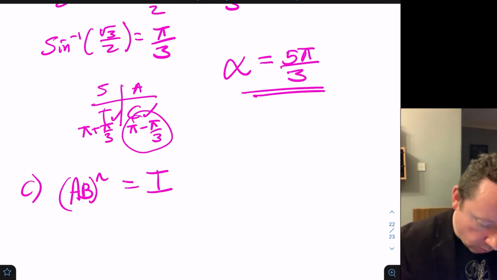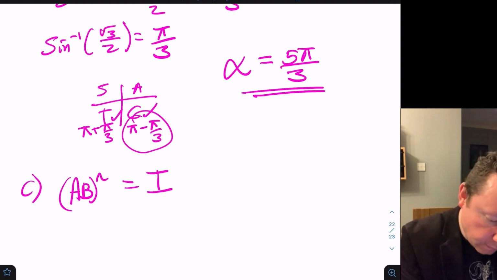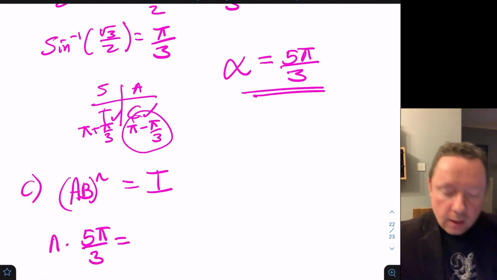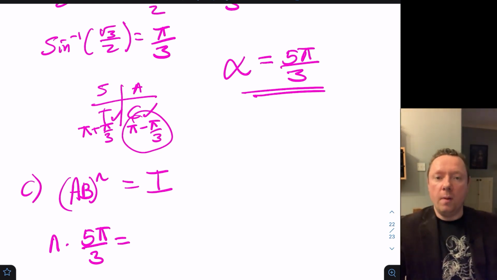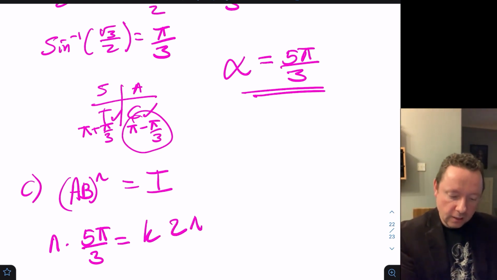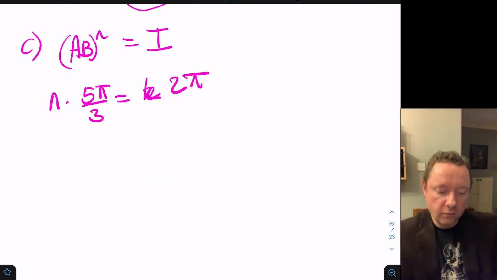So in other words, we're saying that n times 5 pi over 3 has to be a multiple of 2 pi to get back to where it started. And we're just solving for that. We're looking for the first value of n which produces a multiple of 2 pi.